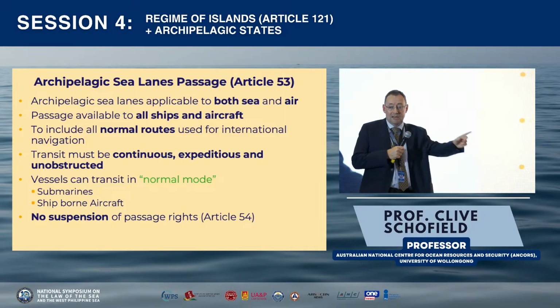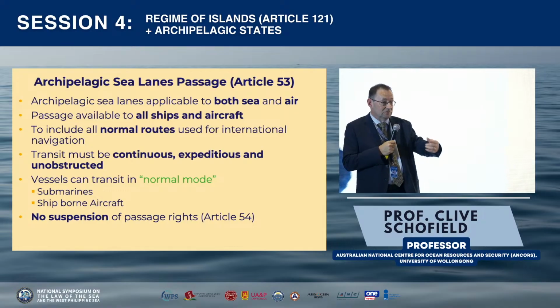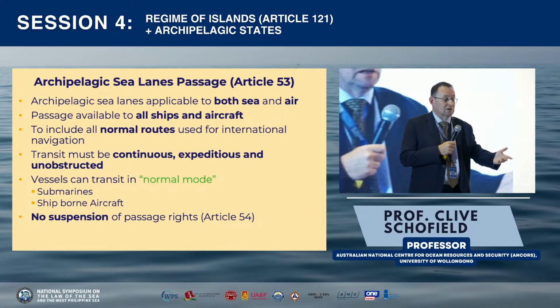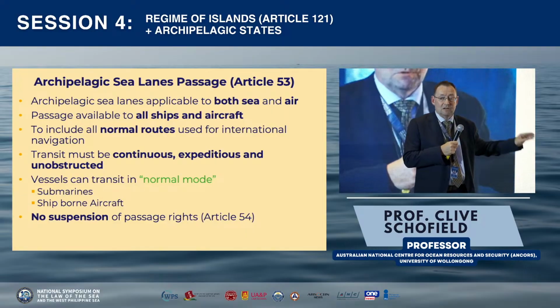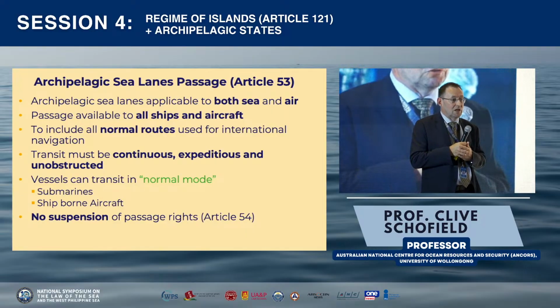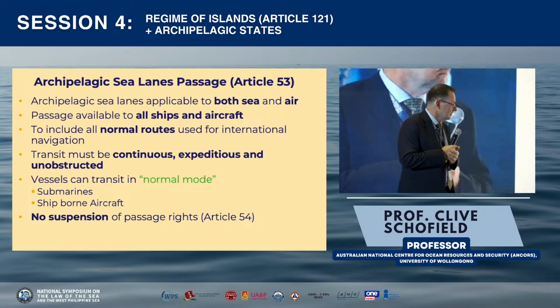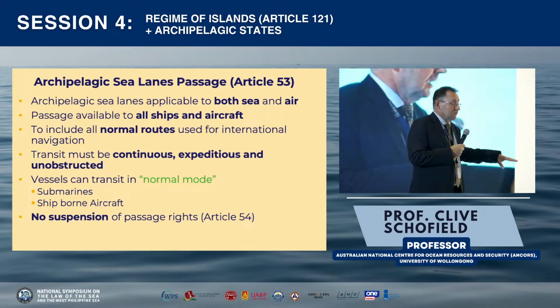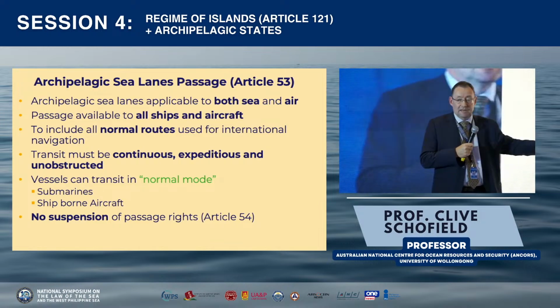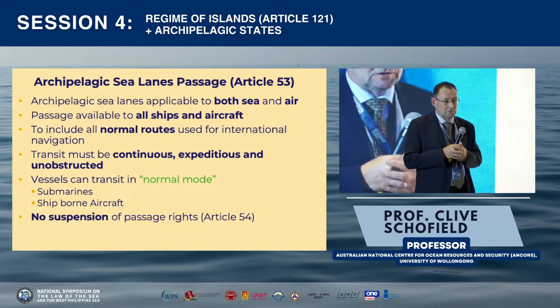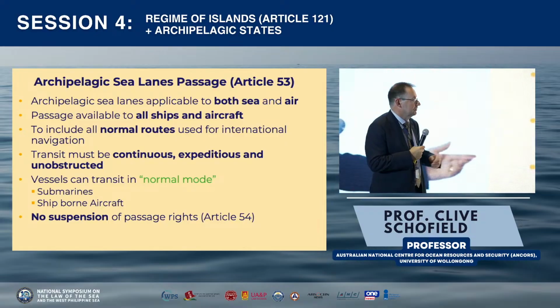Which implies that the archipelagic state has to declare archipelagic sea lanes where they have undertaken the hydrographic survey so a submarine can safely navigate through the strait, submerged. There shall be no suspension of archipelagic sea lanes passage, unlike innocent passage through the archipelagic waters if there's no ASL. Next, please.